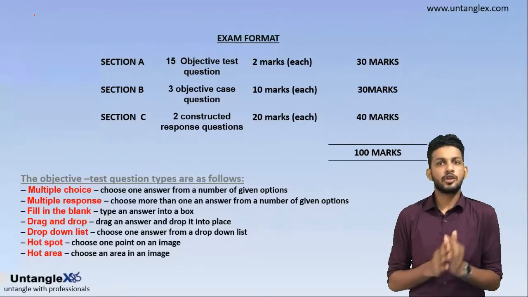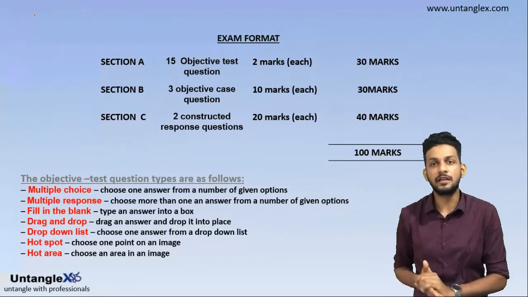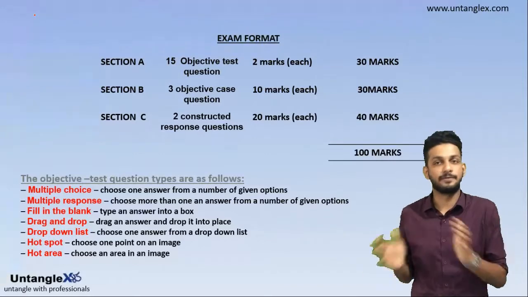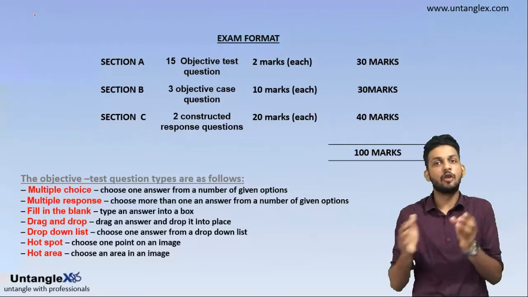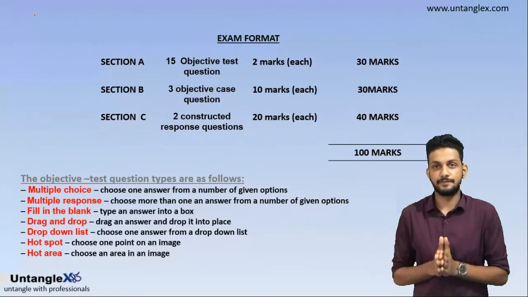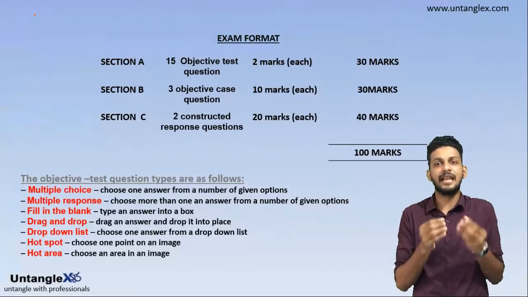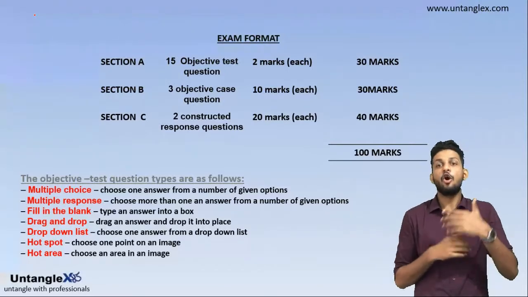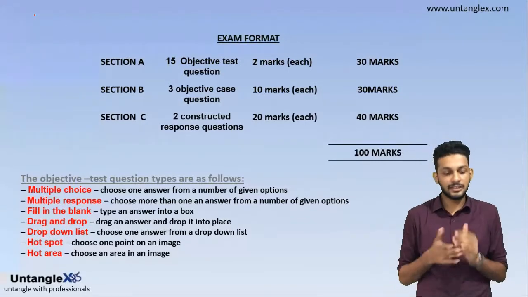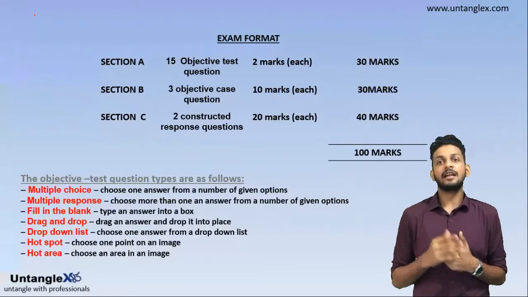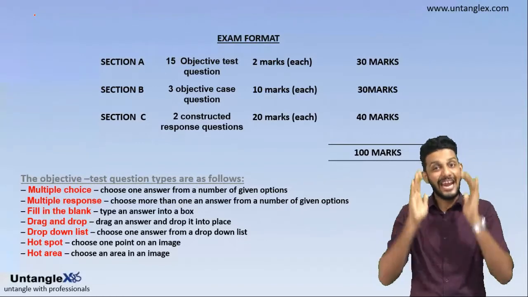In filling the blanks, you have to fill a blank using a value or word, and that question will not carry any options. The next one is drag and drop. That means you have to drag and drop the correct answer into a place. The next one is the drop down list, where you have to select the answer from the list. The next one is hotspot. Here you have to choose a point on an image. And the last question type will be hot area. In that one, you have to select an area from the given image. So these are the questions that can be expected in the objective test questions.